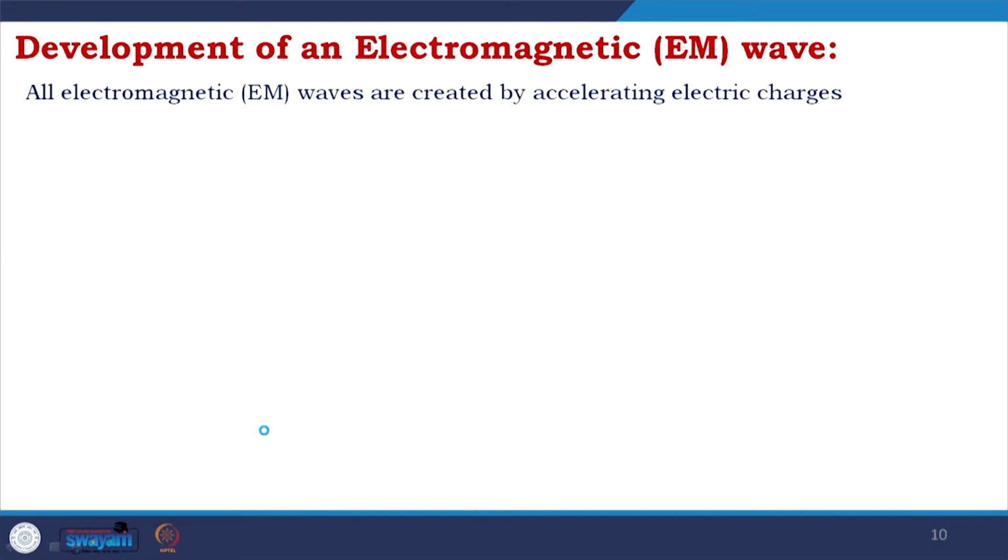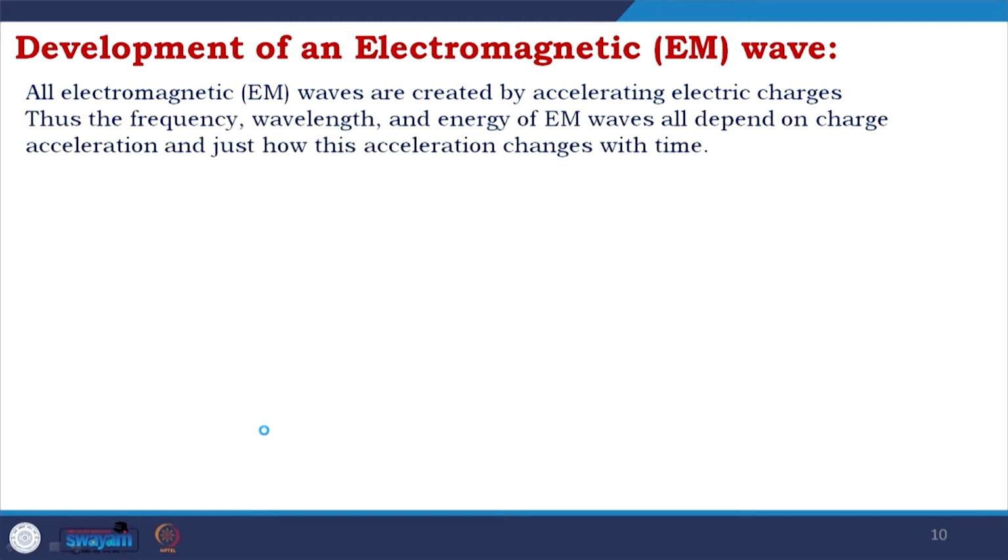Development of an electromagnetic wave. So, how do you create an electromagnetic wave? All electromagnetic waves are created by accelerating electric charge. Thus, the frequency, wavelength and energy of electromagnetic waves all depend on charge acceleration and just how this acceleration changes with time.